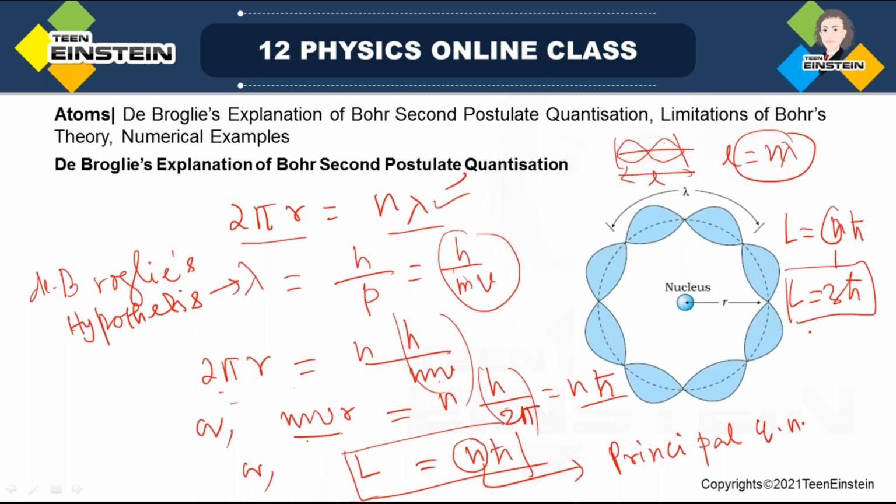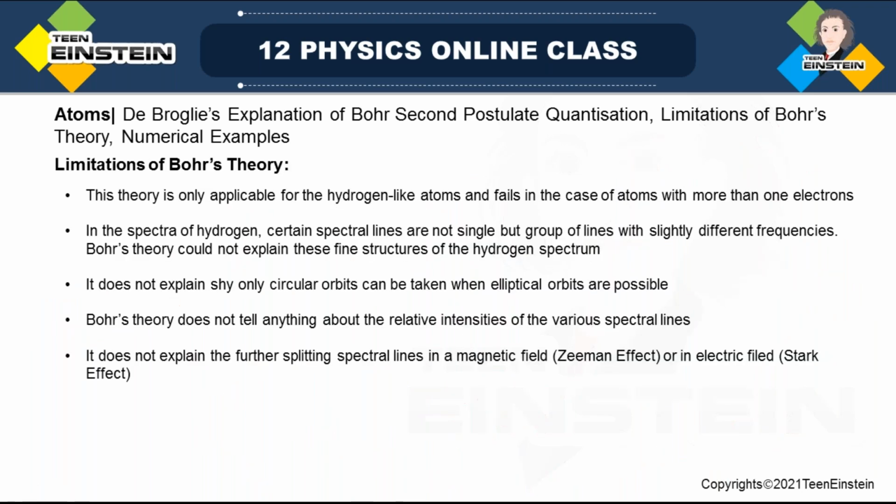All right. Now we'll see there are a few limitations in Bohr's theory. We'll just discuss those things, but not in very great detail. You have to keep this in mind as information. Bohr's theory is applicable only for hydrogen or hydrogen-like atoms. What is hydrogen?